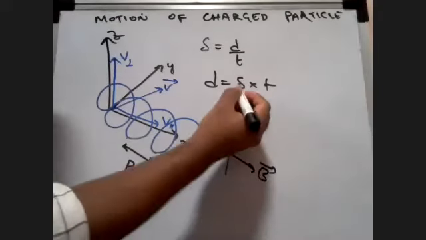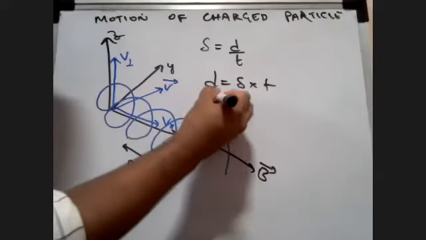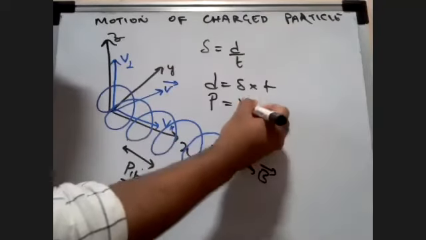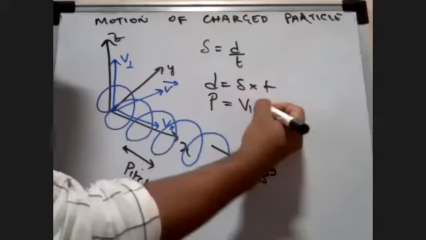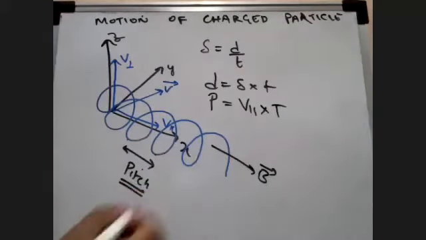So instead of writing distance, we will write pitch. Instead of writing speed, we will write V parallel, because the V parallel component is causing it to move in a helix. And instead of T, we will write time period. So basically, this is the formula of pitch.